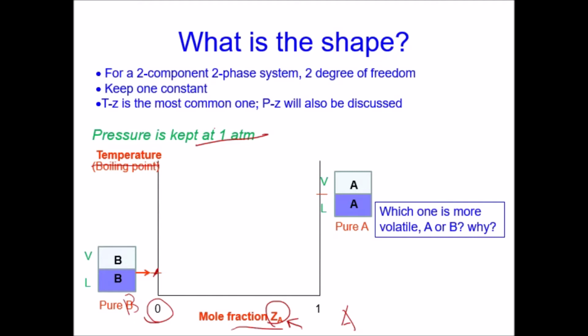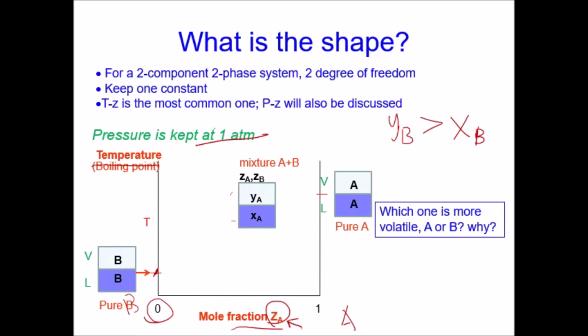The lower the boiling point, the easier it vaporizes, and therefore it is more volatile. So what do you expect for this system? If you have AB liquid in equilibrium with the gas phase, and we know B is more volatile, therefore in the gas phase, B composition should be greater than in the liquid phase, because B is more volatile, it goes more to the gas phase.